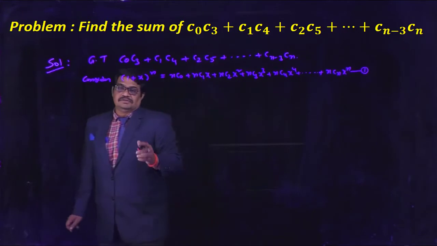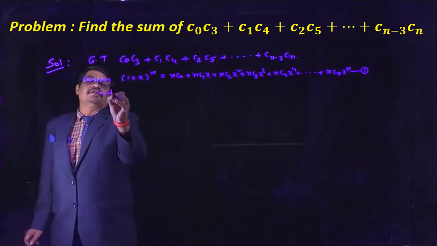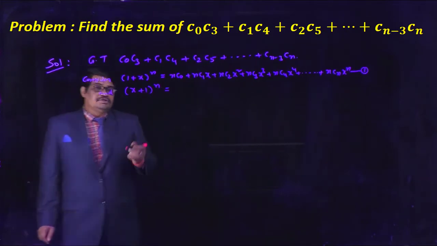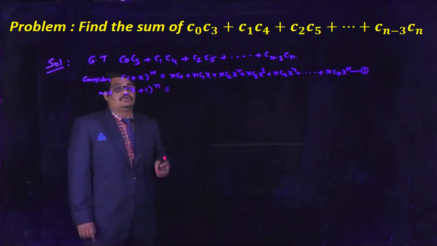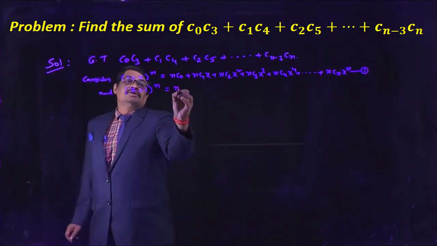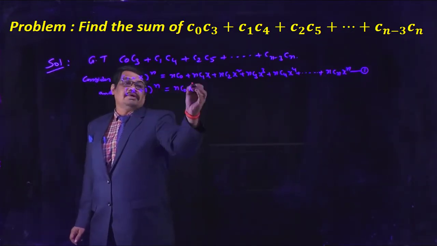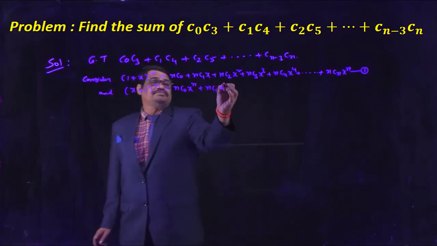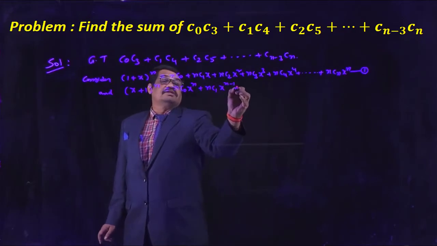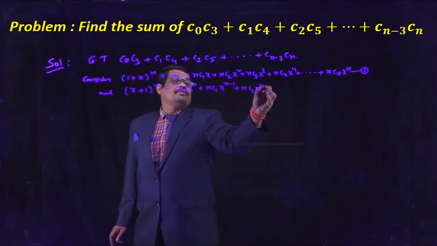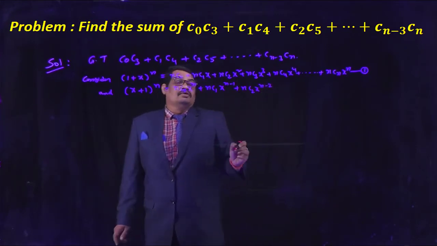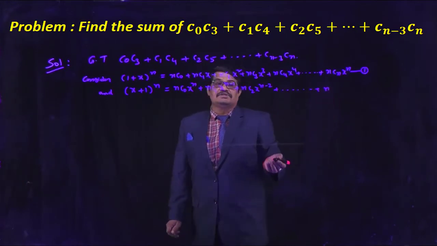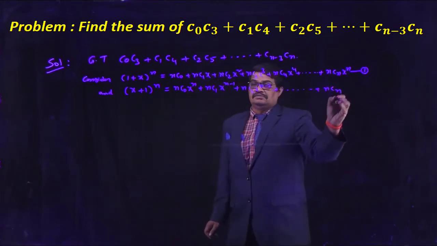And again we take another series, (x plus 1) whole to the power of n. So this is the expansion of (x plus 1) whole to the power of n. The expansion is nC0, first term x to the power of n, plus nC1 x to the power of n minus 1 plus nC2 x to the power of n minus 2 and so on, plus the last term nCn.